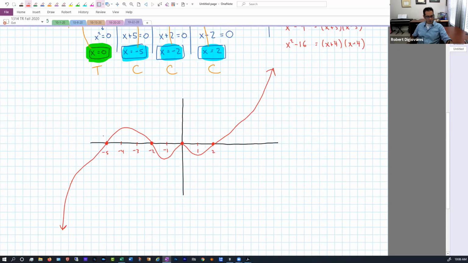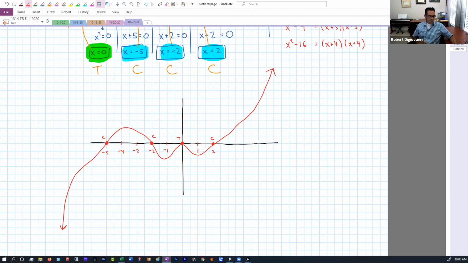So this was a cross, this was a cross, this was a touch, this was a cross. When you touch it, that just means you're bouncing off of it. I say bounce or touch. Last class we said touch more than bounce, but I look at it like a ball bouncing off a wall.